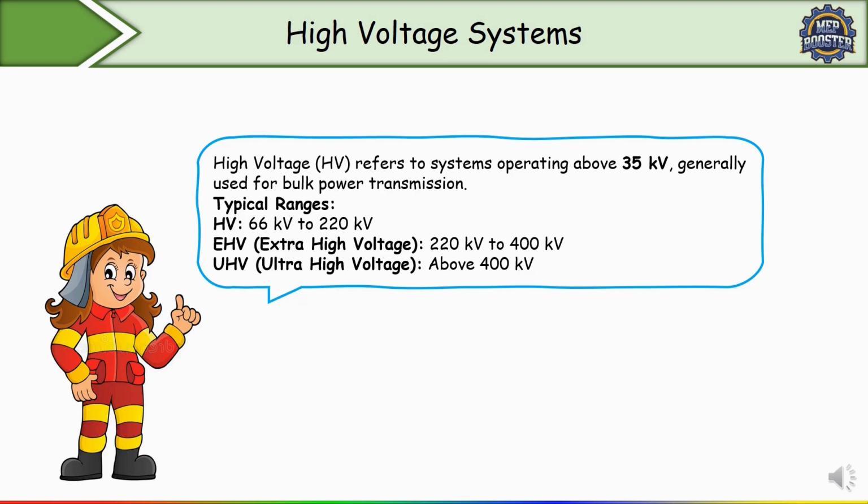Is it clear? So the typical voltage range in a high voltage system is 66 kilovolt to 220 kilovolt. These are used to transmit electricity between regional substations and are a key part of national and regional power grids. Remember this thing.